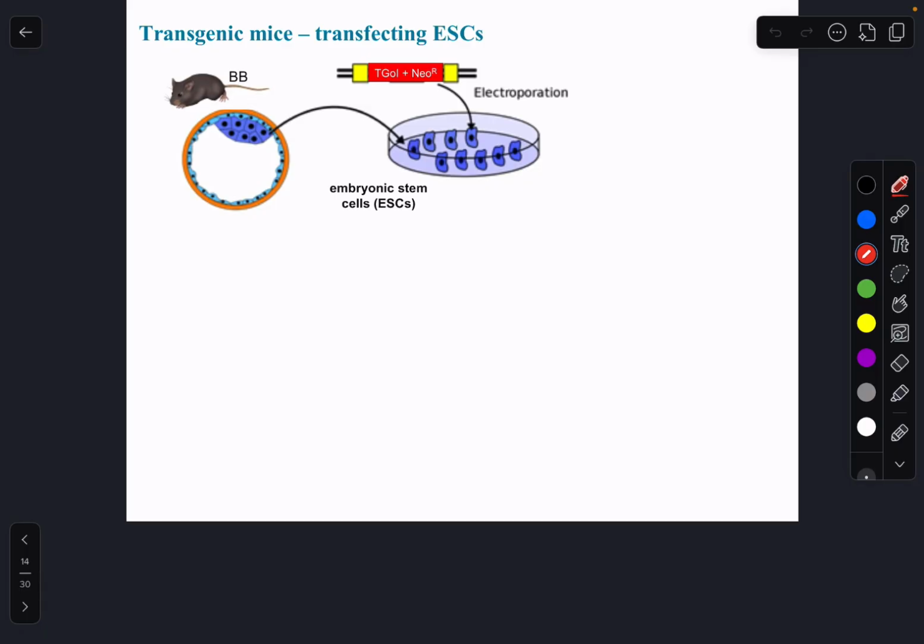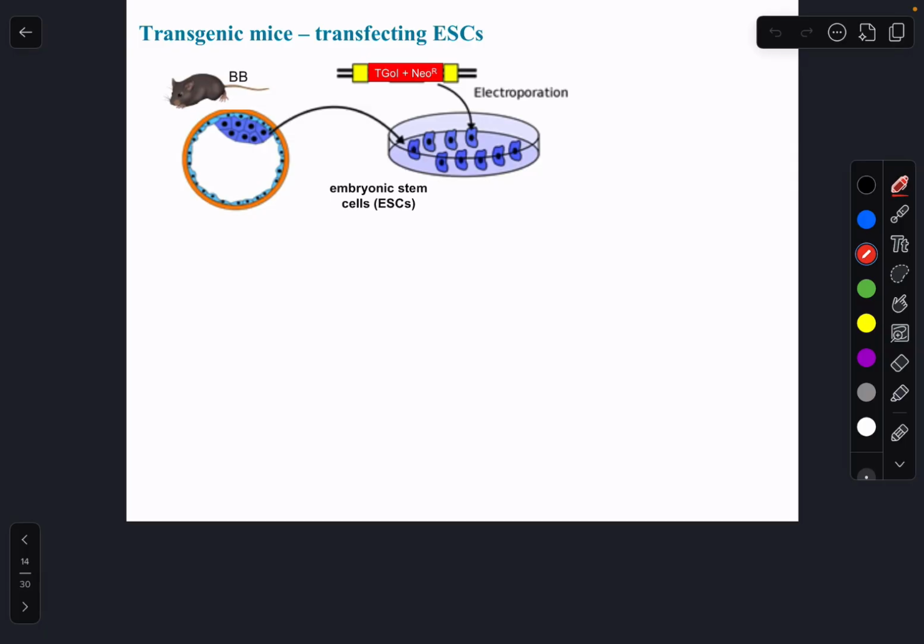So you transfect these cells with a vector that has your transgene of interest and a selection marker. And it says there through electroporation, that's one of the tricks we use to put DNA into eukaryotic cells. What you do is you zap them with a shock of electricity, and that will create very brief pores in their cell membrane, and that's what the vector uses to go in.